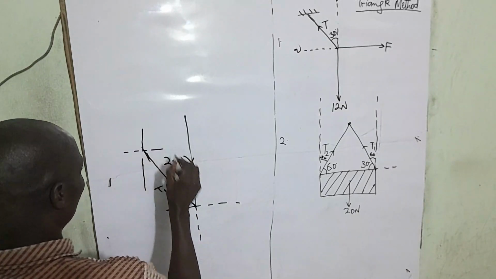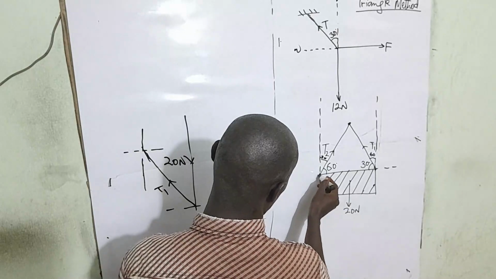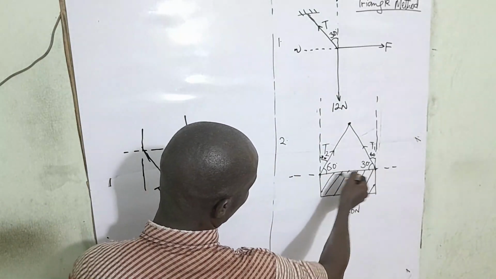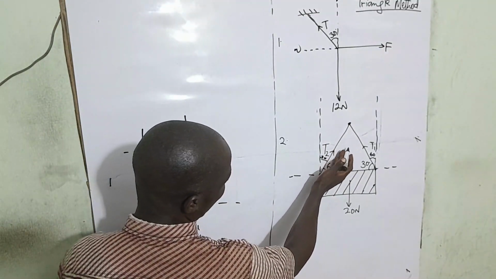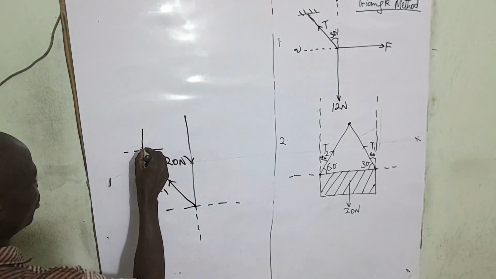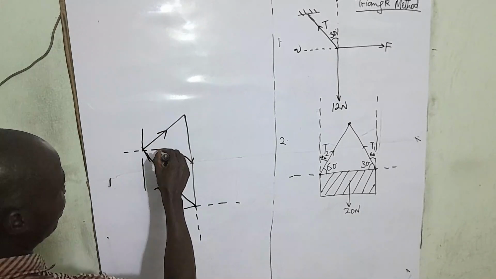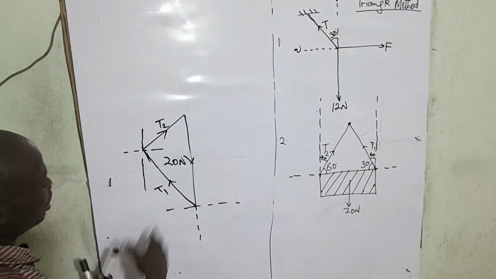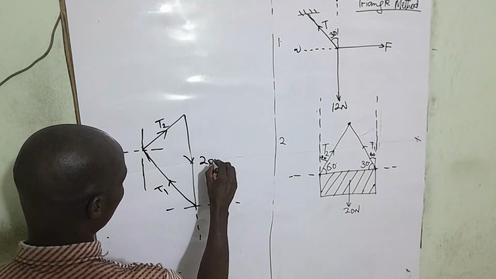Continuing from this end, we can see that the force here, assuming this is south, this is north, this is east, this is west, the force T2 is between north and east. So we are going to have another force here, and that represents T2. Already we saw that the force here is 20 Newton.